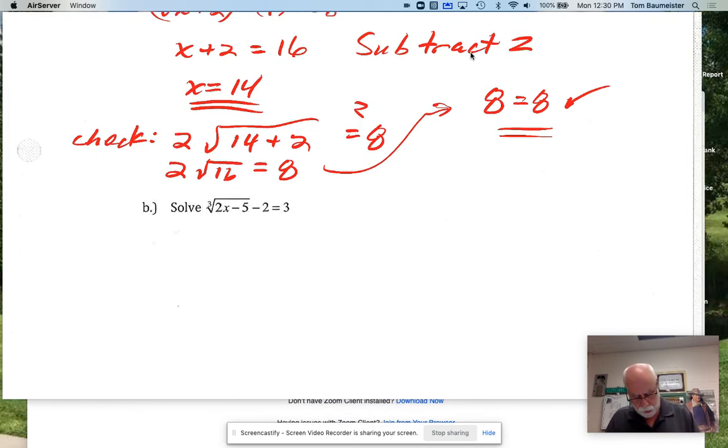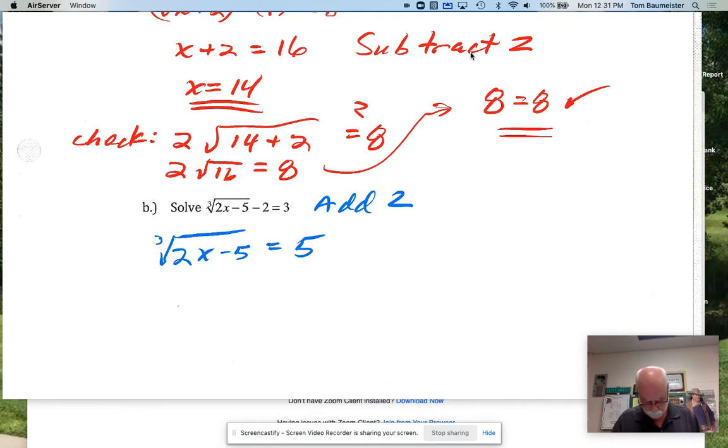Okay, for the second one, again, check to see if it's by itself. It's not. So we're going to have to add 2 to each side. So if I add 2, I'll have the cubed root of 2x minus 5 is equal to 5.